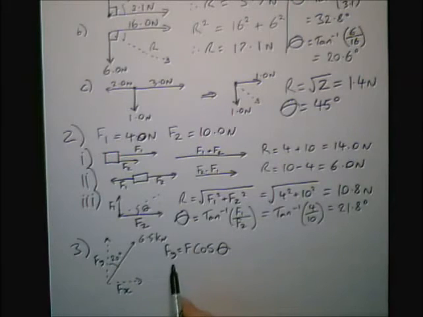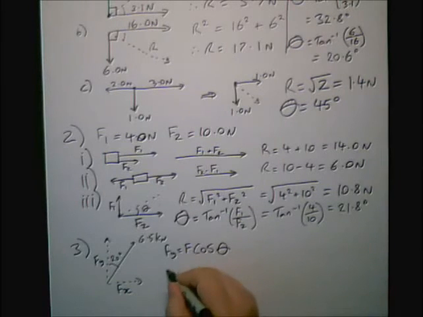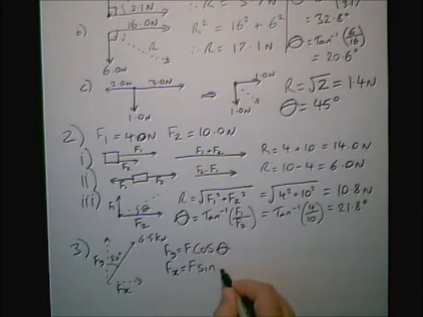It'll always be that the component you want is the magnitude of the resultant times either sine or cos theta. And the only tricky part here is knowing which one to use. In this case, we wanted the adjacent side, and SOHCAHTOA, CAH part, cos adjacent hypotenuse, tells us that it'll be cos. If we wanted Fx, which we obviously are going to, we're going to have F sine theta.